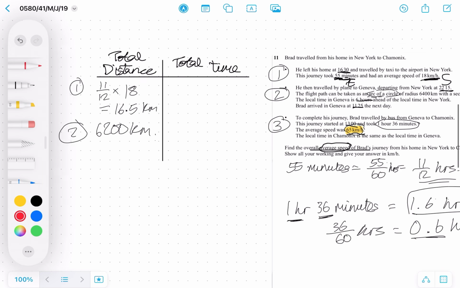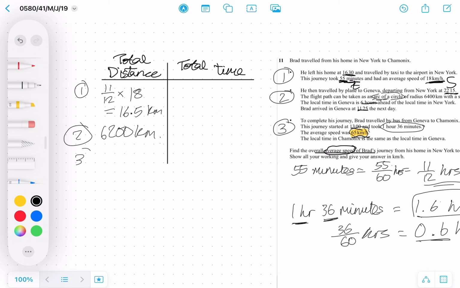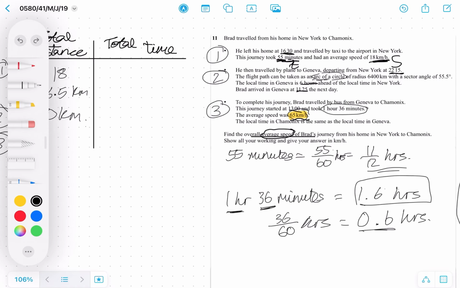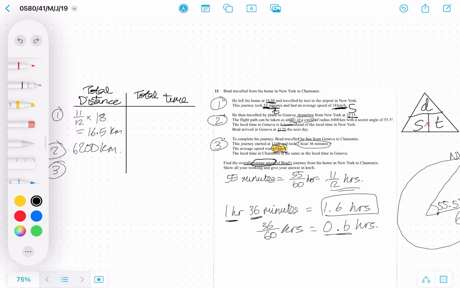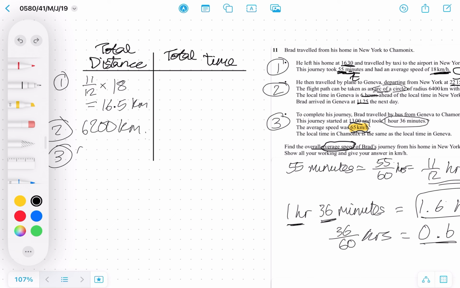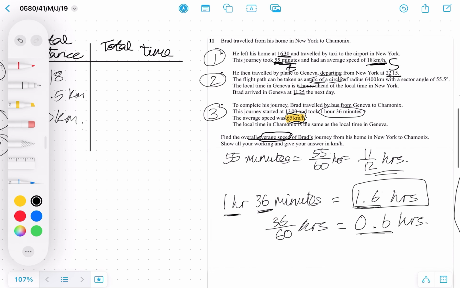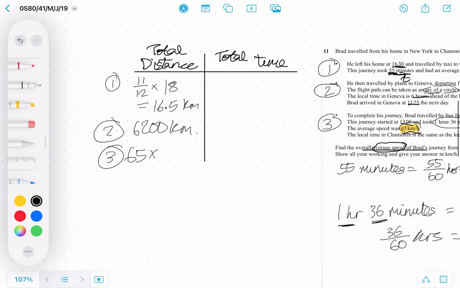So therefore, from the final statement, number 3, we see that the distance is equal to speed times time, and the speed is 65 kilometers per hour, and the time taken was 1.6 hours. So 65 multiplied by 1.6. And that gives you an answer of 104 kilometers.